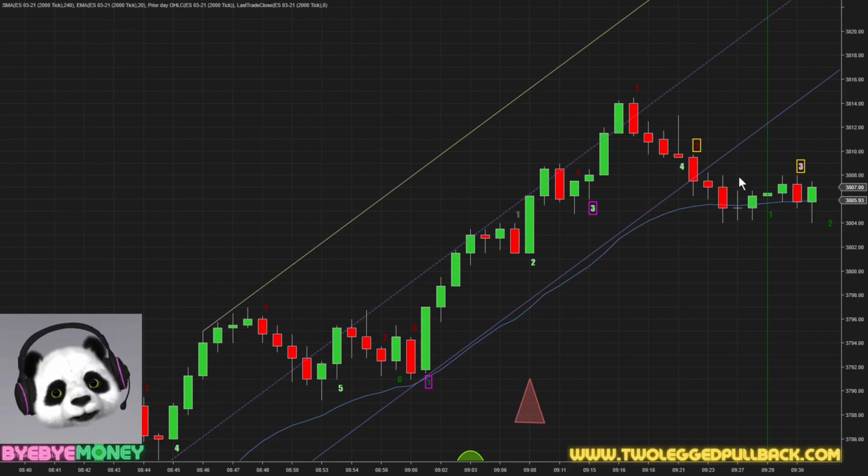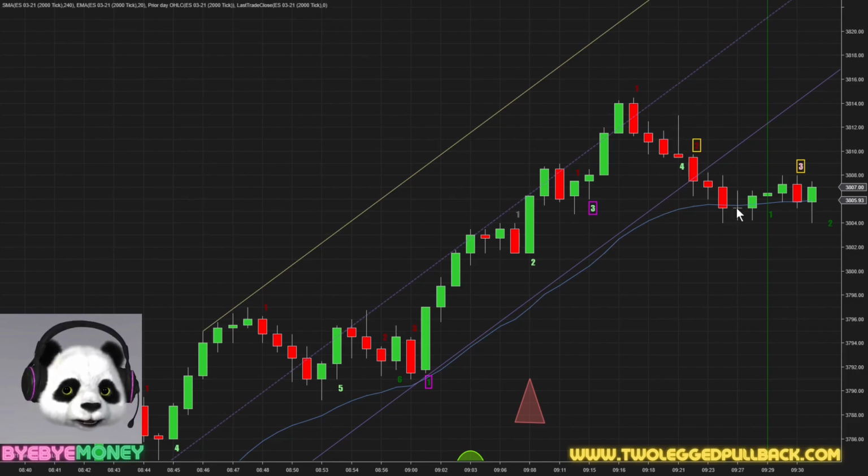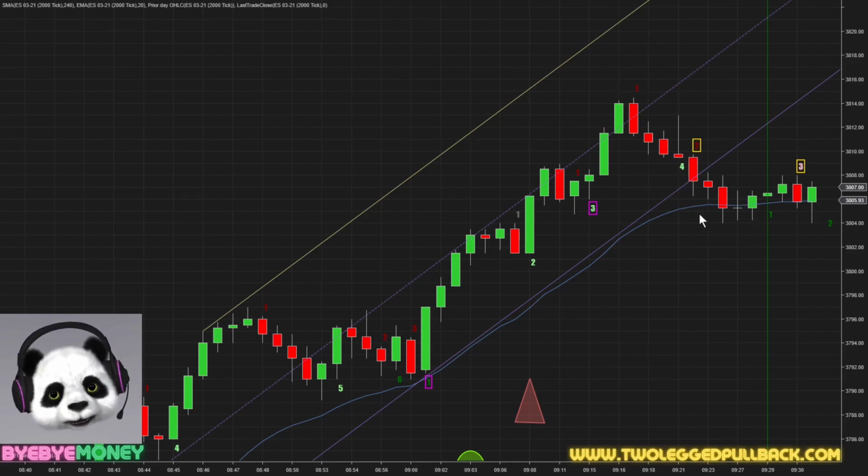Not only that, we see this recent breakdown: 1, 2, 3, 4, 5, 6, 7, 8, we won't include this, 8 non-bull bars in a row. This is the most recent bear swing right here. And so now we have just broken this trend line.